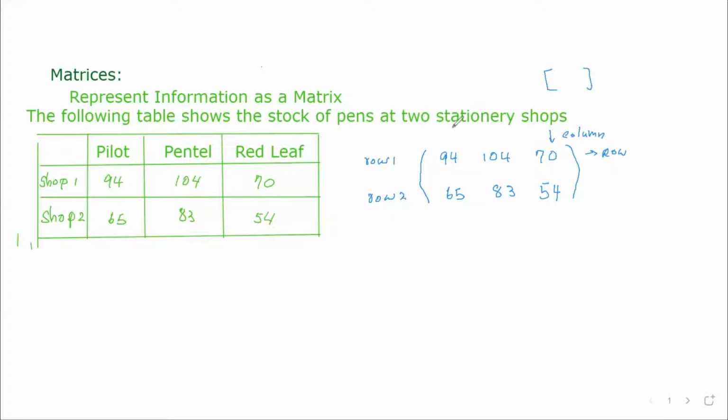This is column one, this is column two, and this is column three.